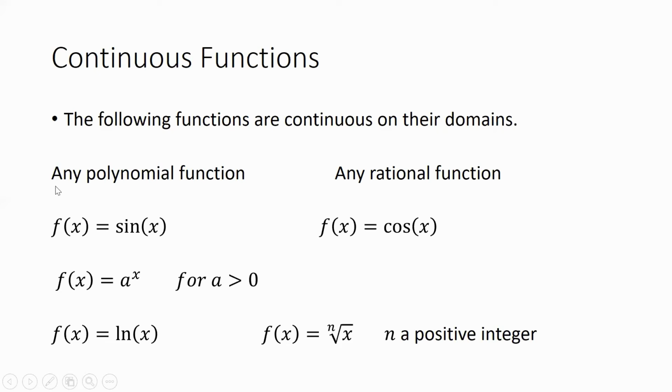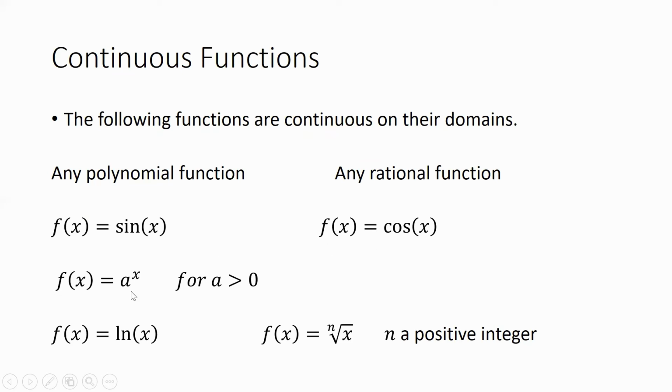Well, we already saw that polynomial functions are continuous. So any polynomial function is continuous. Any rational function is continuous on its domain. So when you don't have 0 in the denominator, sine is continuous. Cosine is continuous.